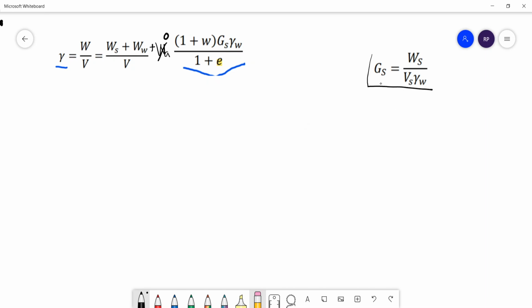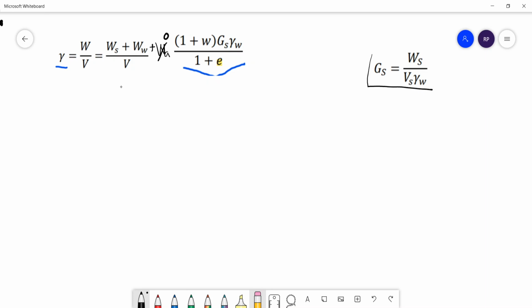So that is specific gravity, Gs, equal to the total weight of soil solids all over the total volume of soil solids multiplied by the unit weight of water. Okay, so our goal is to eliminate all na hindi kasama sa equation na to.